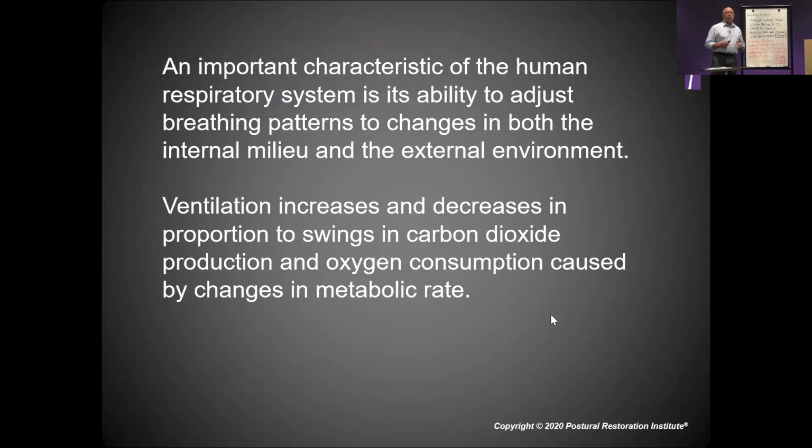An important characteristic of the human respiratory system is the ability to adjust breathing patterns to changes in both the internal milieu and the external environment. Ventilation increases and decreases in proportion to swings in carbon dioxide production and oxygen consumption caused by the changes in metabolic rates.